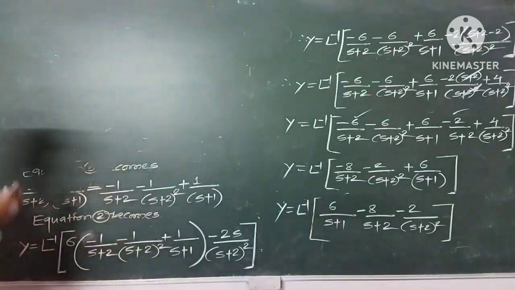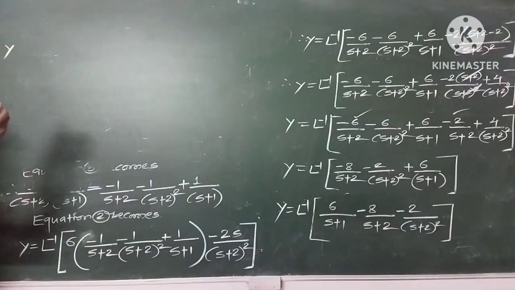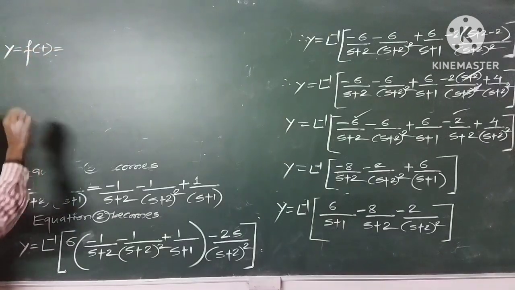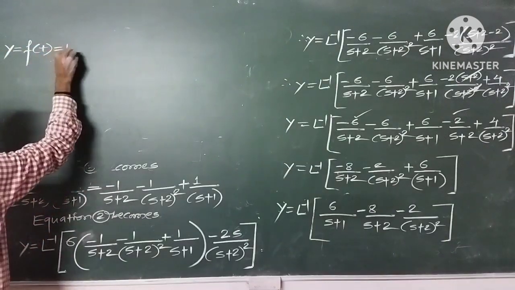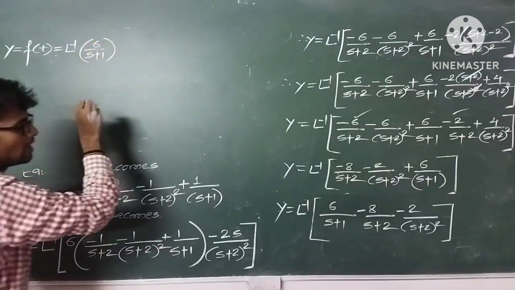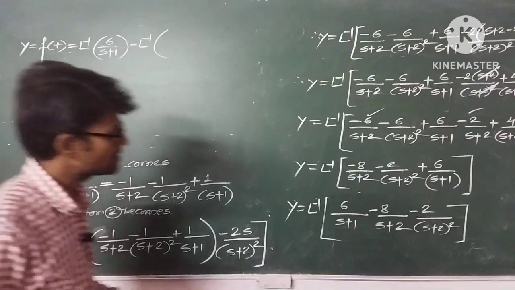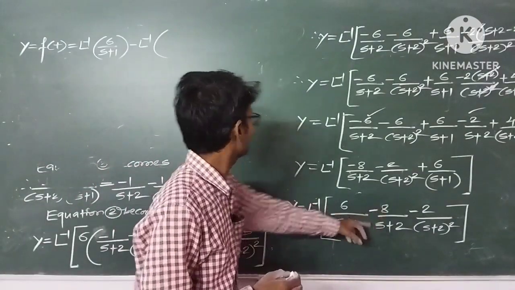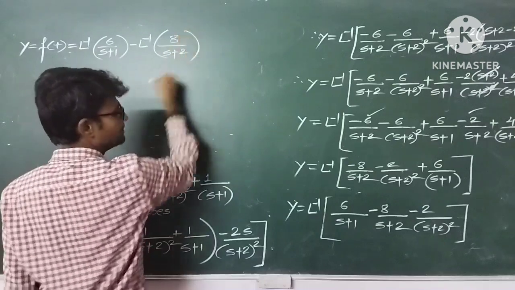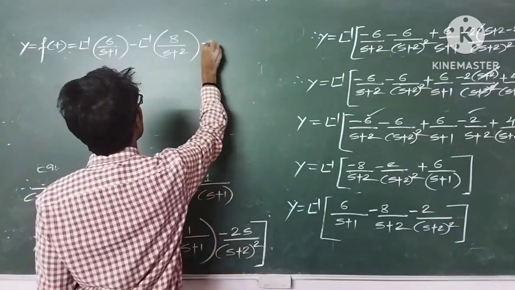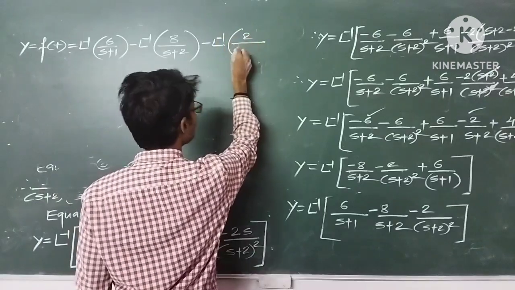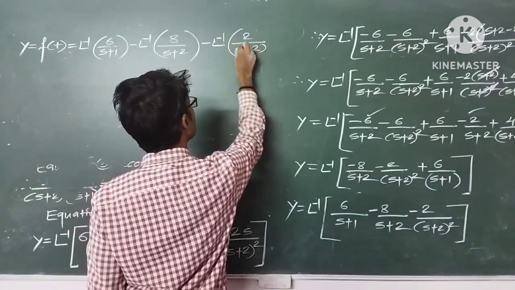So now, therefore, I will write y equal to, so y means it is f of t. y is f of t is equal to inverse Laplace transform of 6 by s plus 1, minus inverse Laplace transform of 8 by s plus 2, next minus 2 times inverse Laplace transform of 1 divided by (s plus 2) whole square.